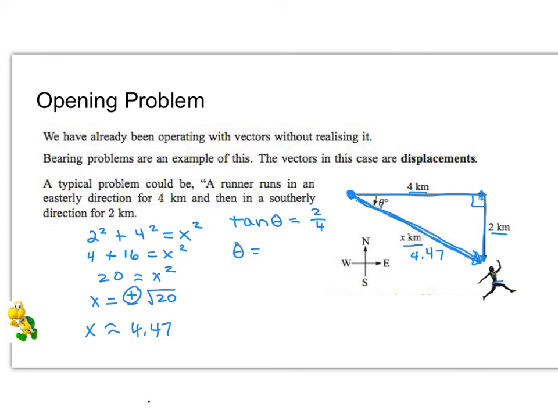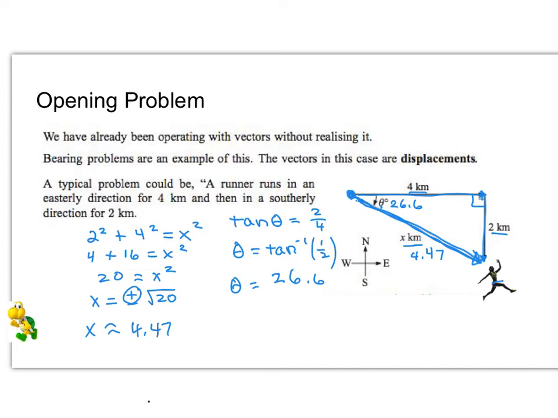I need to take the arctangent or the inverse tangent of both sides, and that gets rid of it, unattaches it from the angle. 2/4 is 1/2. And I end up with an angle here of 26 degrees-ish. Actually 26.6.